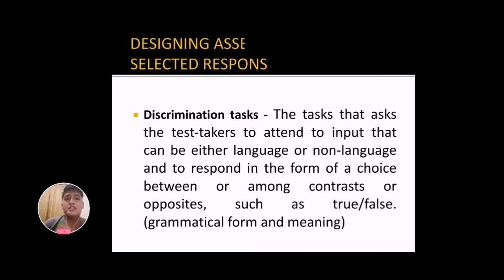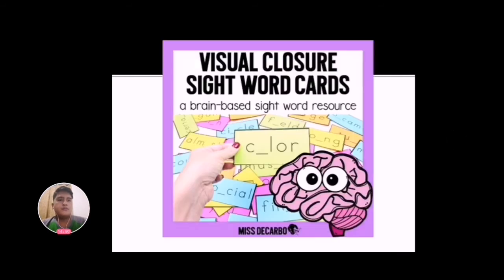So, assess selected response. In discrimination tasks, the task asks the test takers to attend to input that can be either language or non-language, and to respond in the form of a choice between or among contrasts or opposites, such as true or false, wherein a grammatical form and meaning. What you are seeing right now is a visual closure sight word card, a brain-based sight word resource.